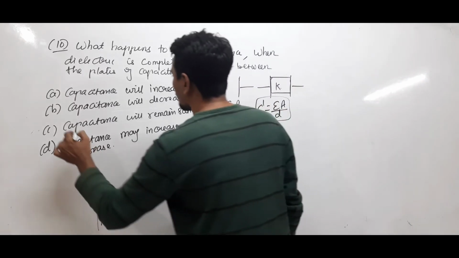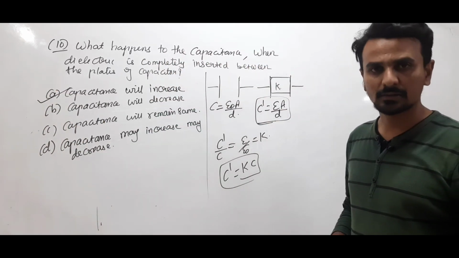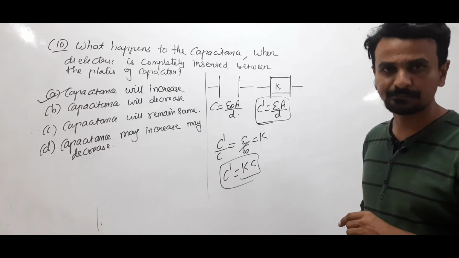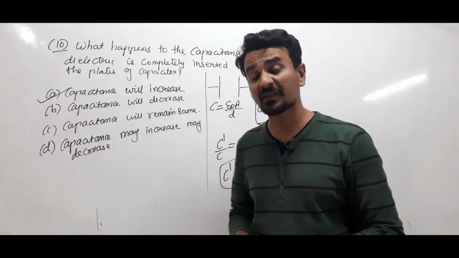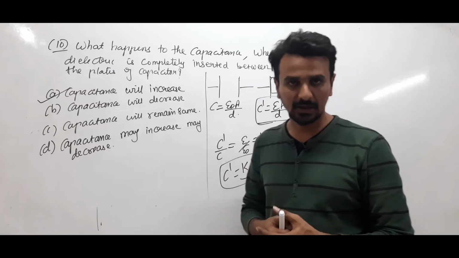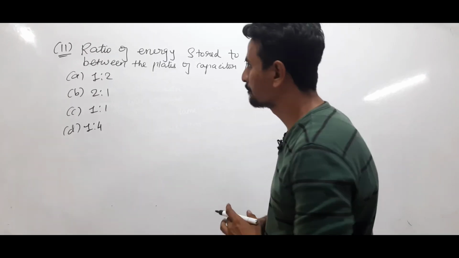So your answer will be capacitance will increase, that is A. Clear? Electric field will be decreased by factor K in presence of any medium, but capacitance will increase by factor K. Clear? The next one.